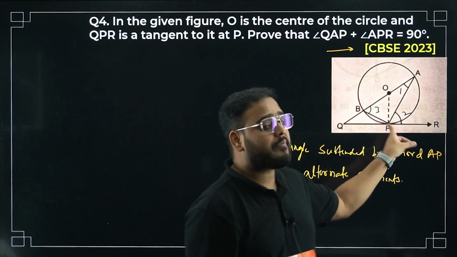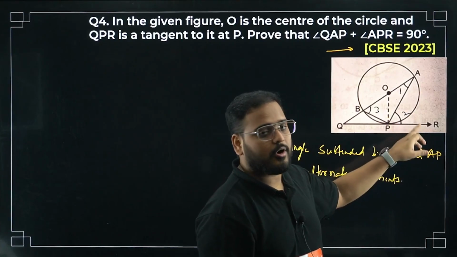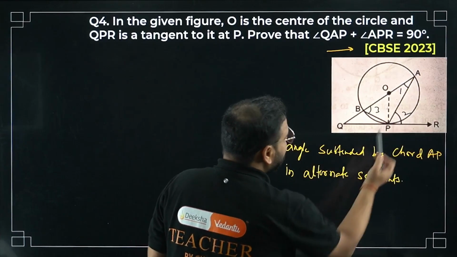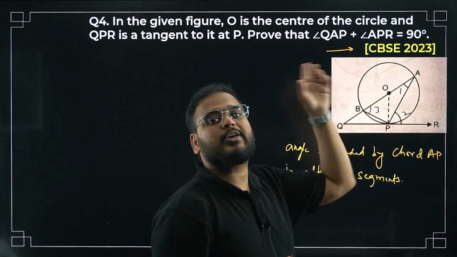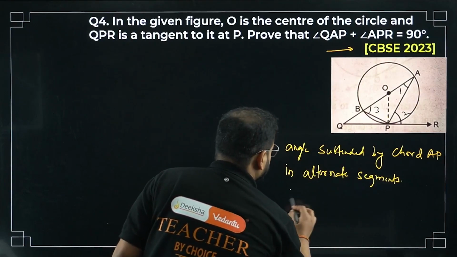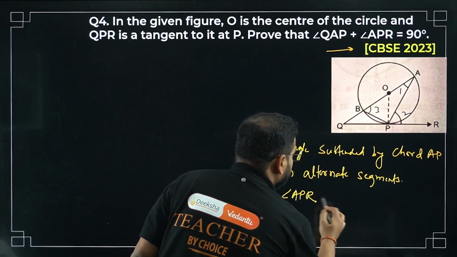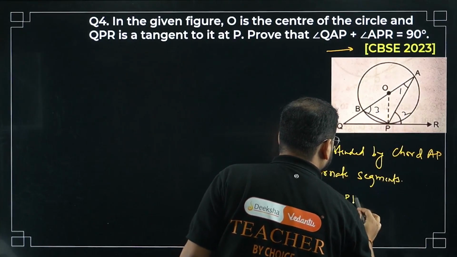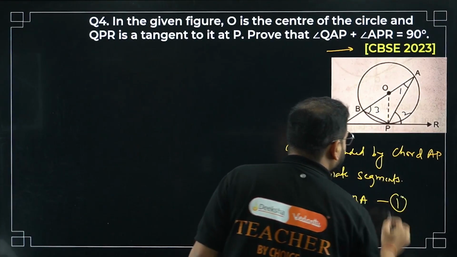In the first segment it has to be with the tangent, not with the chord. Chord and tangent, so AP and PR. So it makes, bacha, angle, I won't write 2, I wrote 2, 3 to make you understand the figure. I'll write angle APR equals angle PBA. Let me call this equation number 1.